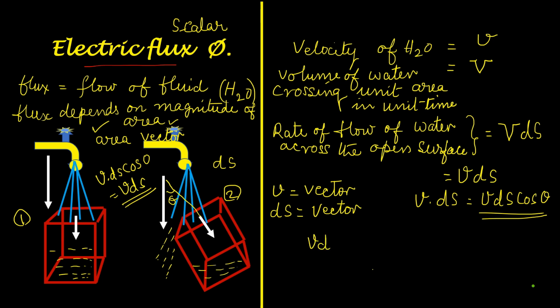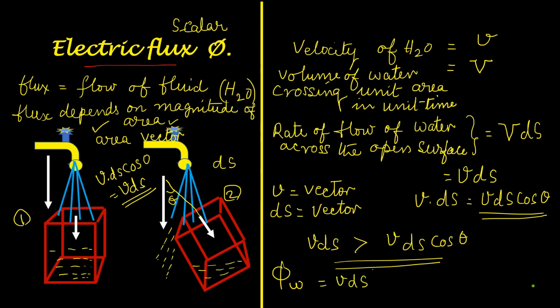Flux for the first case, v ds, will be greater than the flux for second case, which is v ds cos theta. What is the reason for the reduction in flux in the second case? It is because of the difference in the orientation of the surface associated with the flux. In general, we may represent the flux of water phi w is equal to v ds cos theta, where theta is the angle between the velocity and the area vector.